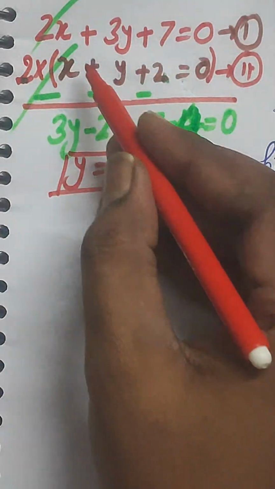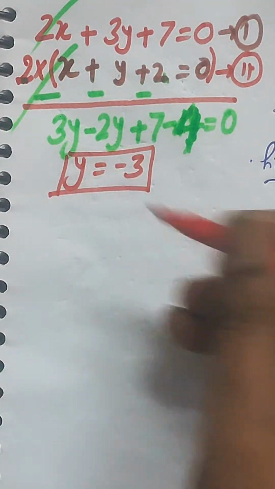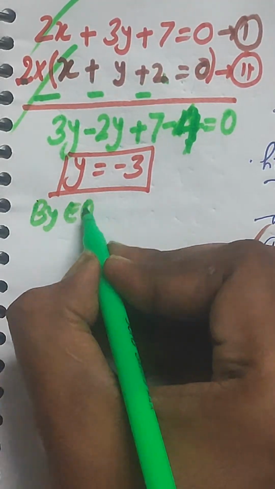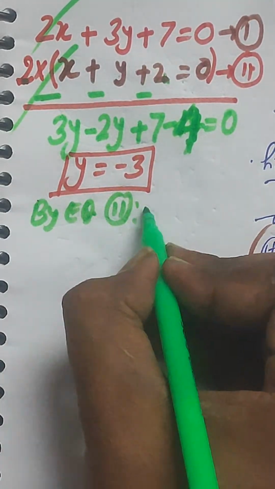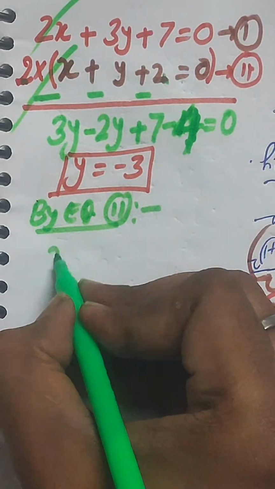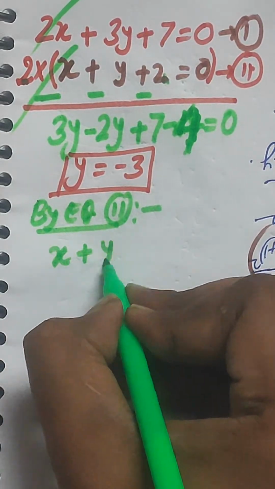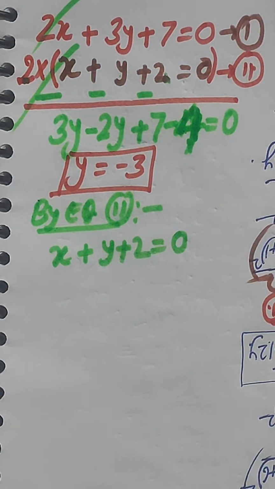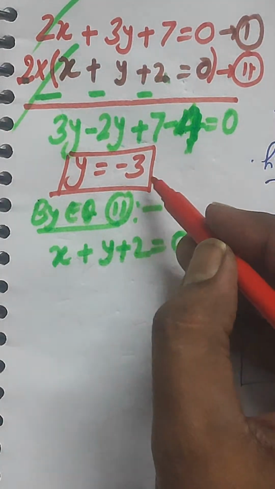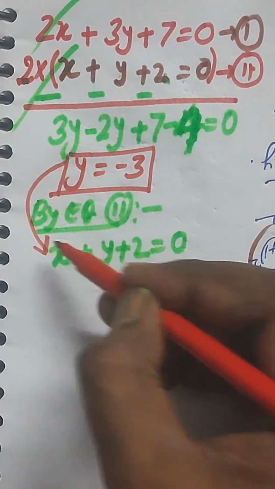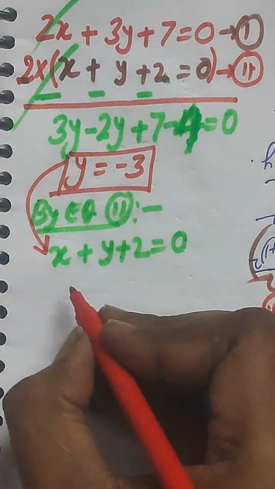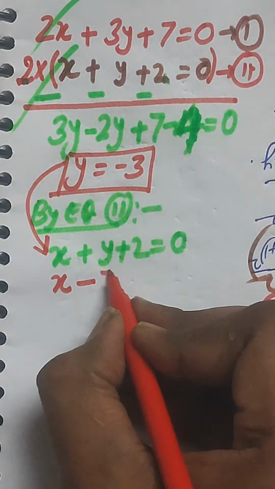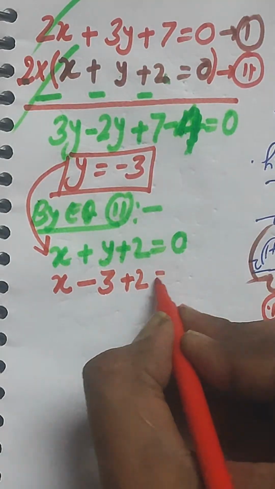Now using the equation number 2, we have x plus y plus 2 is equal to 0, right? So we just put this value of y over here. Then you get the value of x: in place of y, write minus 3 plus 2 equal to 0.